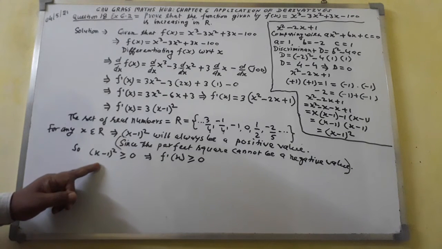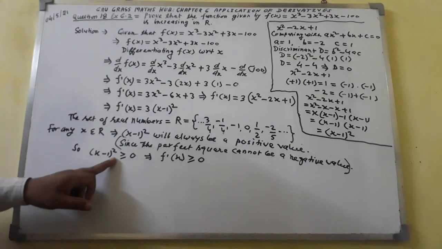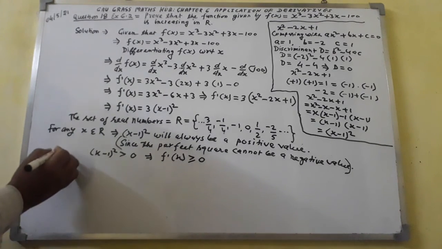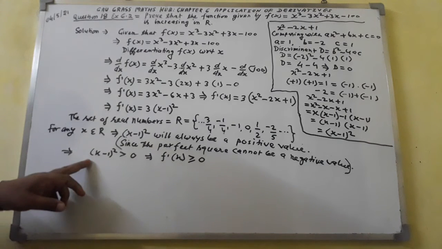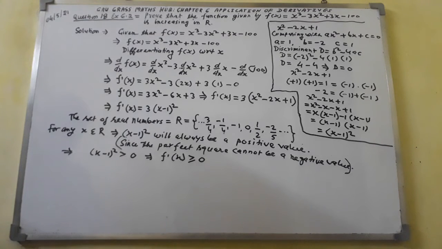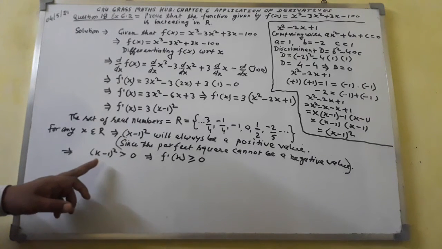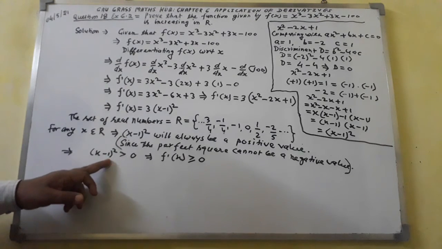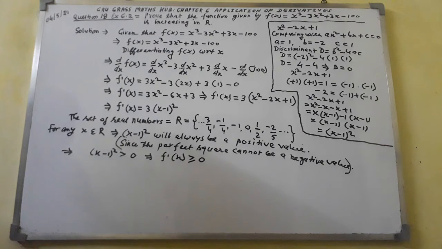This term you will get always greater than 0. x minus 1 whole square will be greater than 0 because here minus 1 is available. The value of x, if I put here value of x equal to 0, 0 minus 1 whole square comes out to be 1. 1 will be greater than 0. These situations we have got.